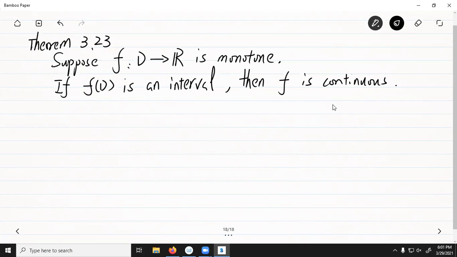If we can prove the case for monotonically increasing, then negative f is continuous, so f must be continuous. Then we go back to f.